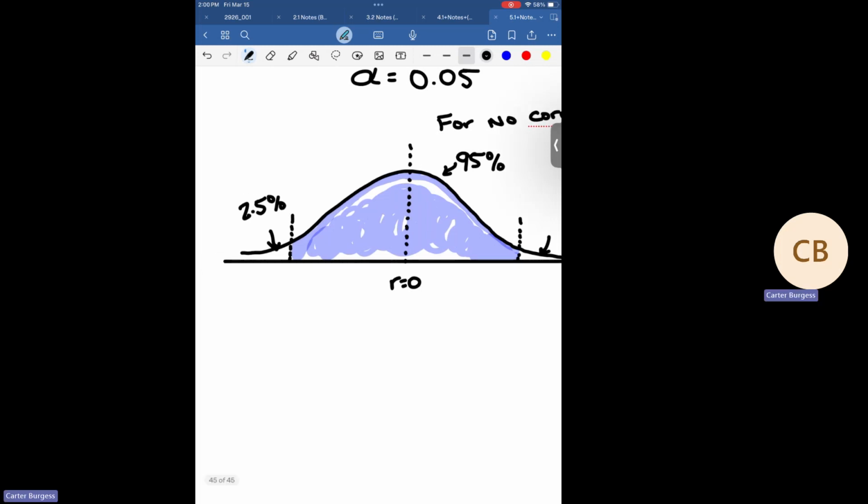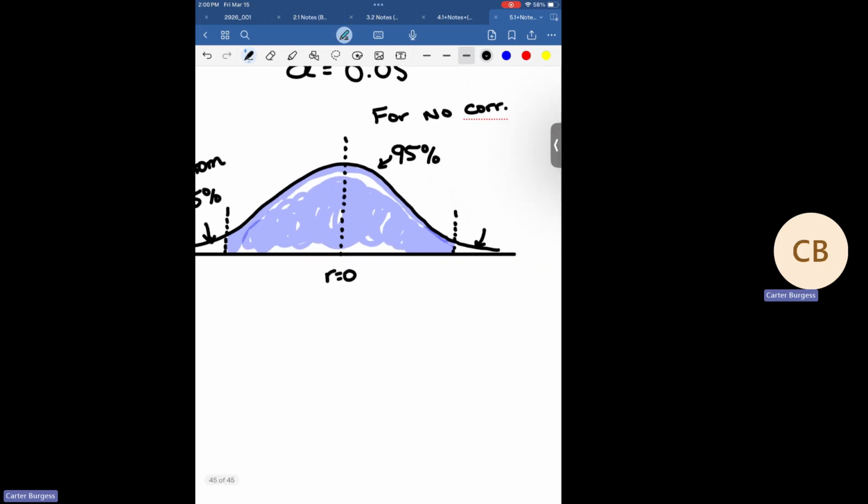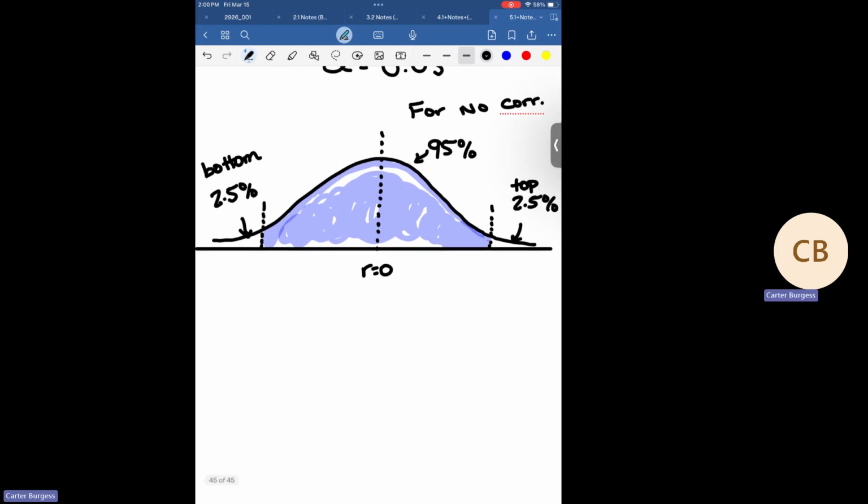And so we could think of this as the bottom 2.5% on our left, and the top 2.5% on the right. And we're saying if we see an R value that falls within the bottom 2.5% or the top 2.5%, that's unusual enough for our no correlation setup that we should probably be suspicious that there is in fact no correlation.